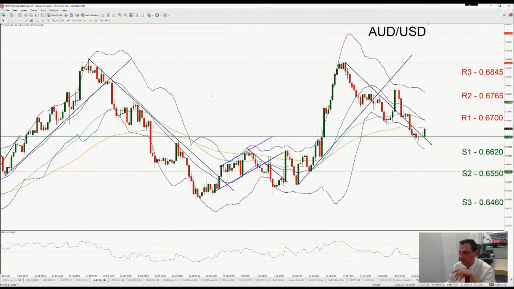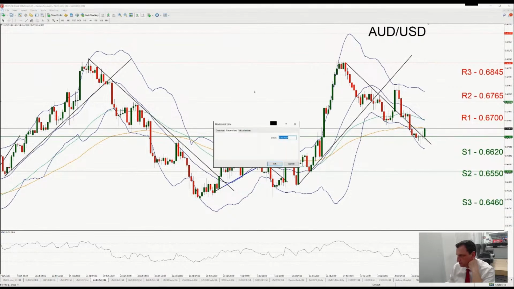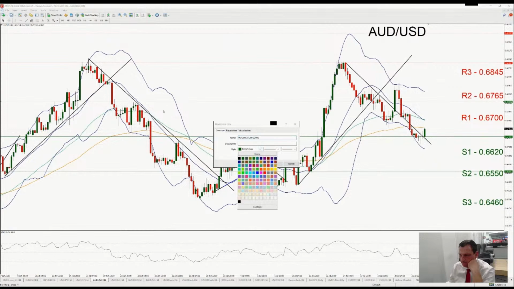And in my opinion, this one's a valid one, without this being a temporary break. Definitely the price action has broken above the 0.6805. And we're placing this as a resistance line.